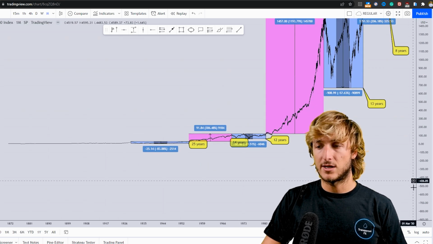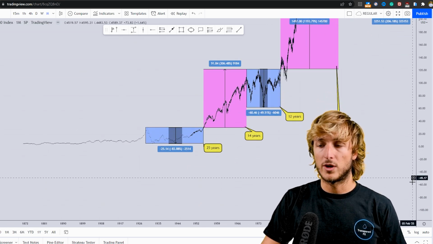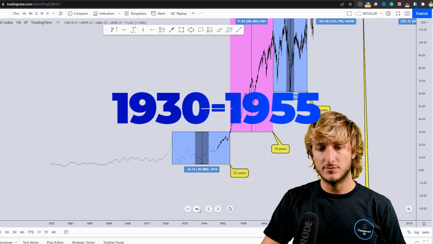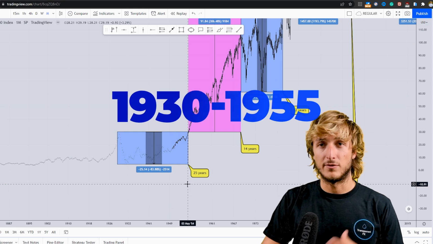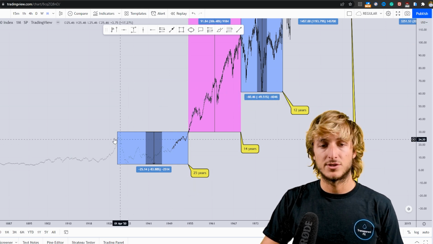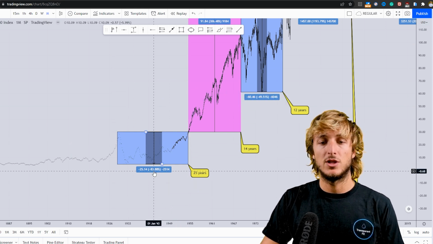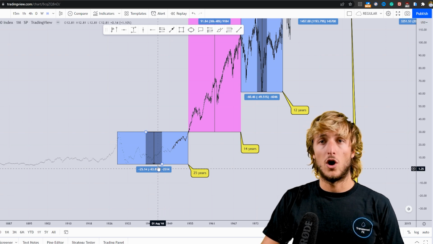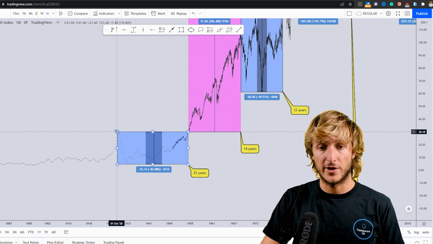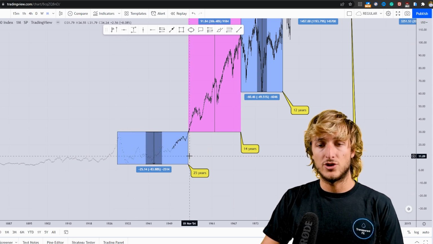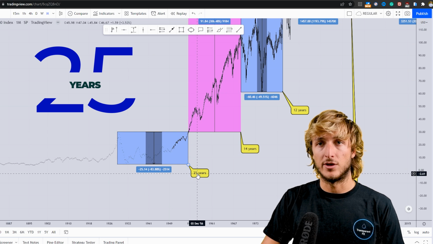Now, I started by looking at what was going on from 1930 to 1955. This was the first ranging period in which we lost 83% of the peak value that we had here of the S&P 500. This range here lasted 25 years.